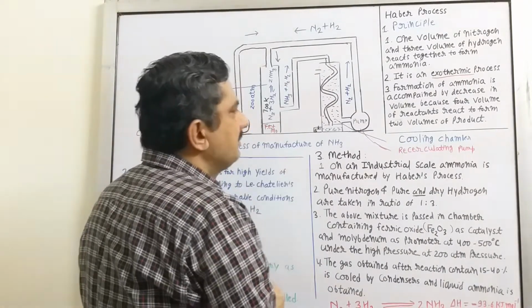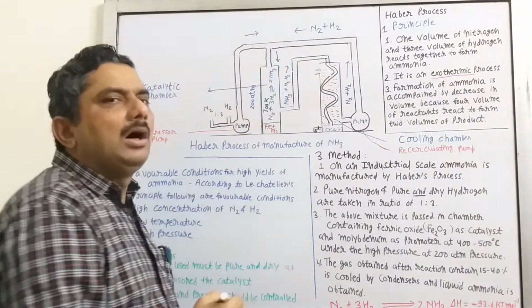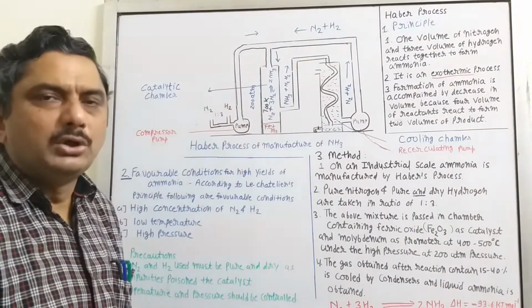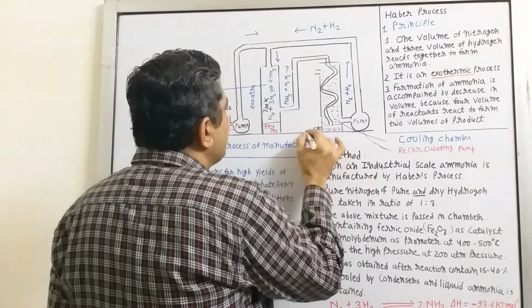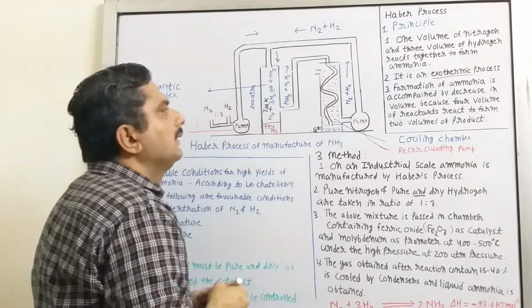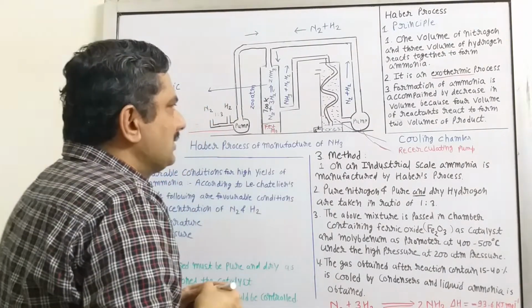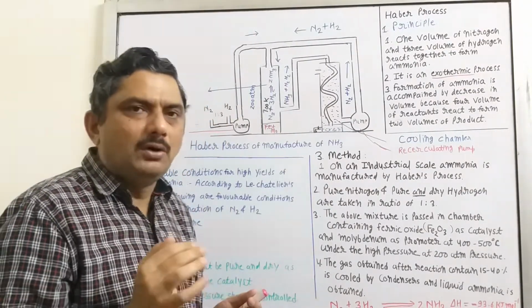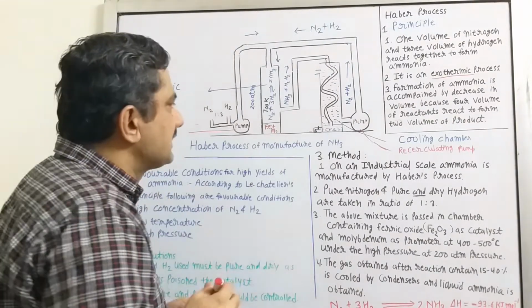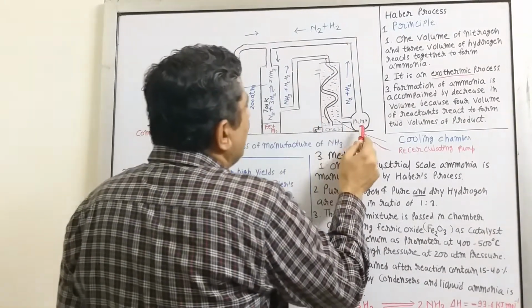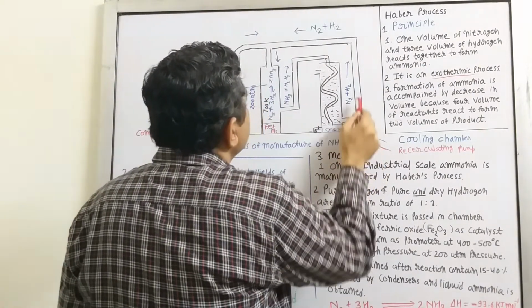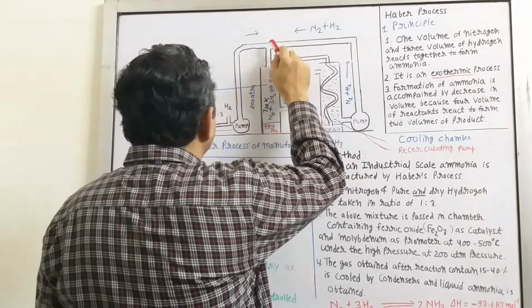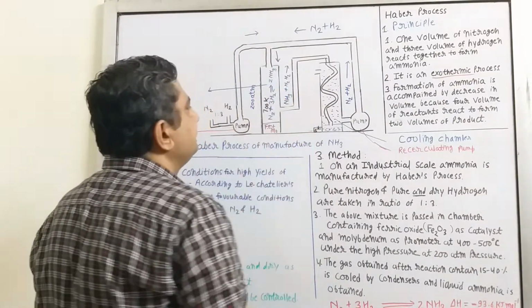In this cooling chamber, ammonia, due to its polar nature, liquefies, and here we obtain liquid ammonia, while nitrogen and hydrogen are non-polar in nature. That's why, with the help of a recirculating pump, they are sent back to the catalytic chamber.